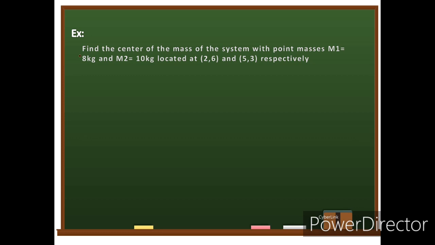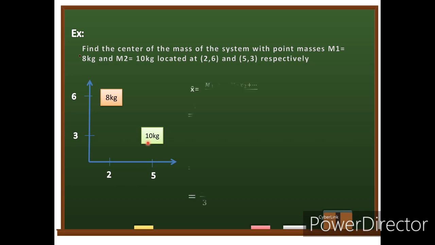First, let's graph. Our object 1 is located at (2, 6), which has 8 kilograms of mass, and object 2 is located at (5, 3).